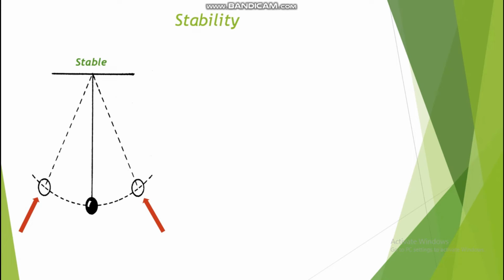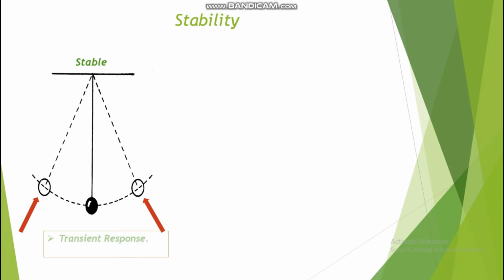Because the bob won't be able to cross the peak positions in a simple pendulum, it won't be able to cross those limits. Whenever pushed to the side, it would stay at that limit and won't cross it. That means it follows those limits, so we can say that it would be stable.